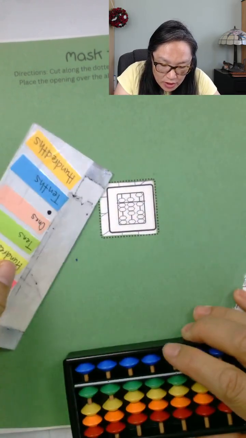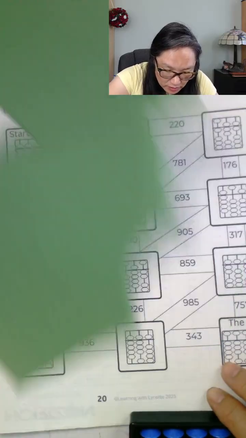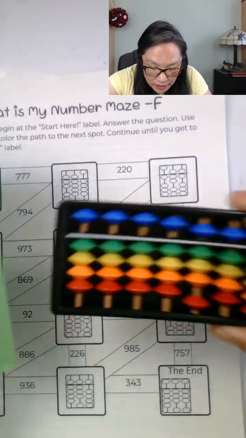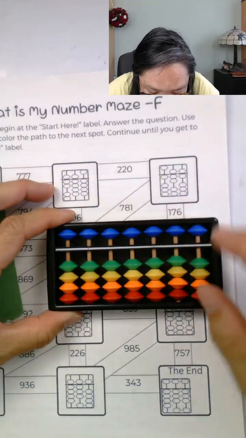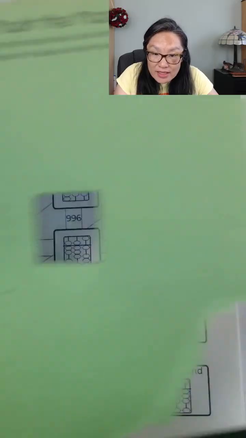Great, right? So when we're looking at my answer, 781 is what it looks like, and it takes me to this next box over here.